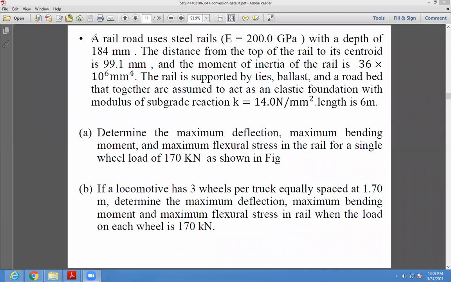Yes, sir. Okay. Just for calculation purpose, we are taking one numerical. Take down first numerical.